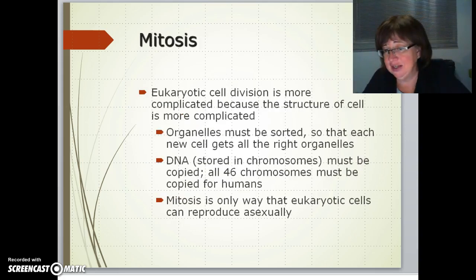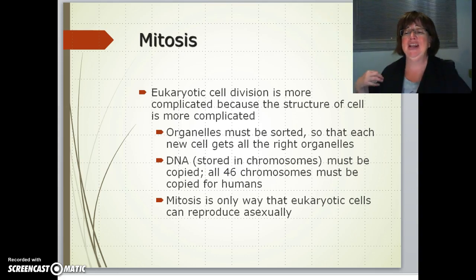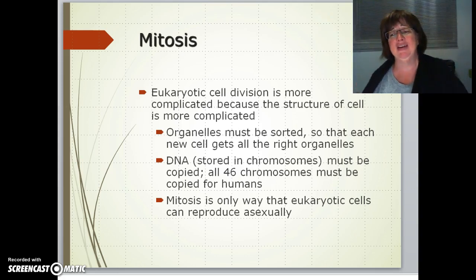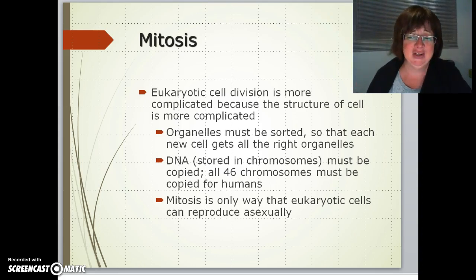This process is also called mitosis. Mitosis is a very organized process where the organelles and the DNA or chromosomes are sorted in a very particular and organized way. This occurs in all eukaryote cells, and a eukaryote cell is anything with a nucleus.